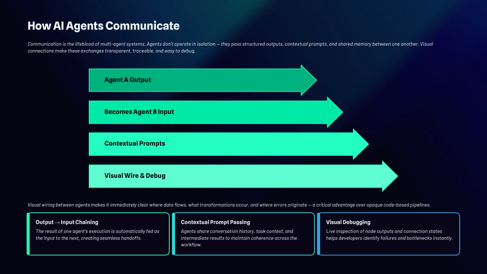What makes visual AI platforms powerful is their transparent wiring system. You can actually see how information flows between agents, where data changes and where problems occur. This visual debugging approach makes it far easier to trace errors, inspect outputs in real time, and identify bottlenecks compared to traditional code heavy AI pipelines.